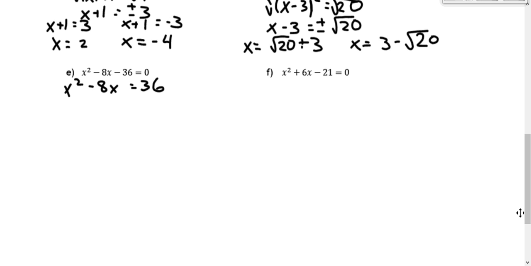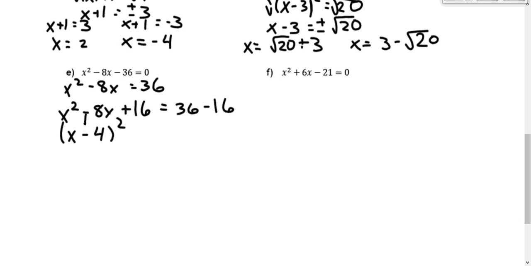So then 8 divided by 2, then square it, and then add it to both sides. So then x squared minus 8x plus 16 is equal to 36 plus 16. So then x minus 4 squared, because it's a perfect square trinomial, is equal to 52.